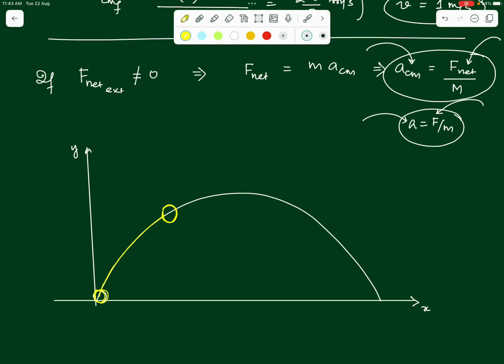This was a big body, it could have broken due to some reason. When it breaks into two parts, let's say one particle that breaks out goes in a path like this, anyway it will go, and the second particle that it breaks into goes in a path like this.